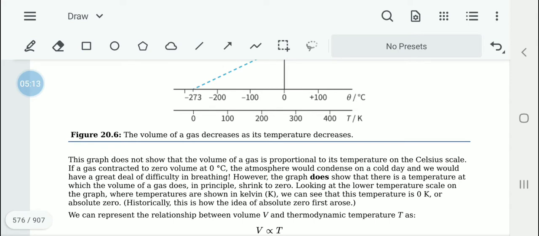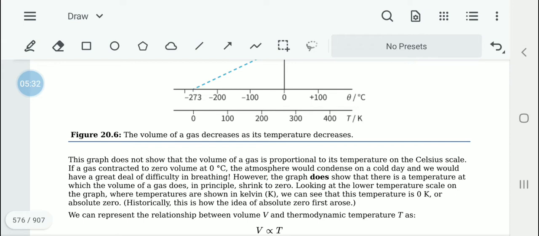So we have to deal with 0 Kelvin, not Celsius. However, the graph does show that there is a temperature at which the volume of a gas does in principle shrink to 0. So remember the words in principle.